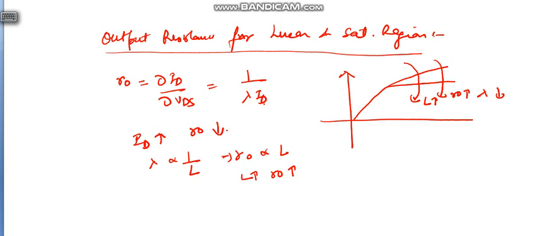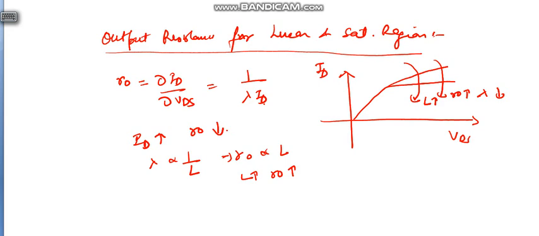So if we want to use it as a constant current source, or in a current mirror, we should have a large length so that RO is high. RO high means more constant current.